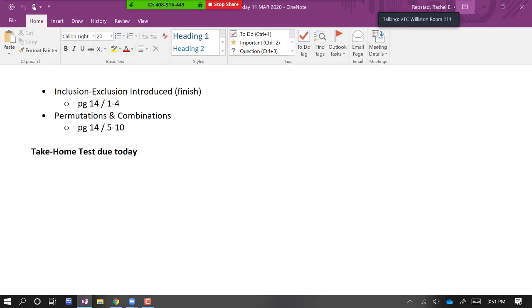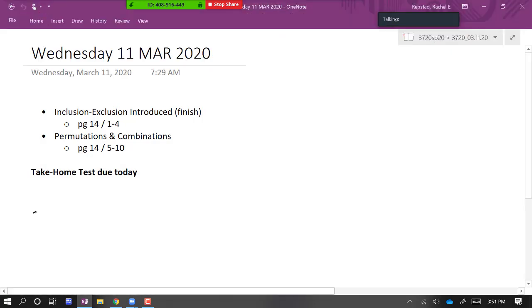So 5 asks us to prove that 3 divides n if and only if 3 divides n squared.